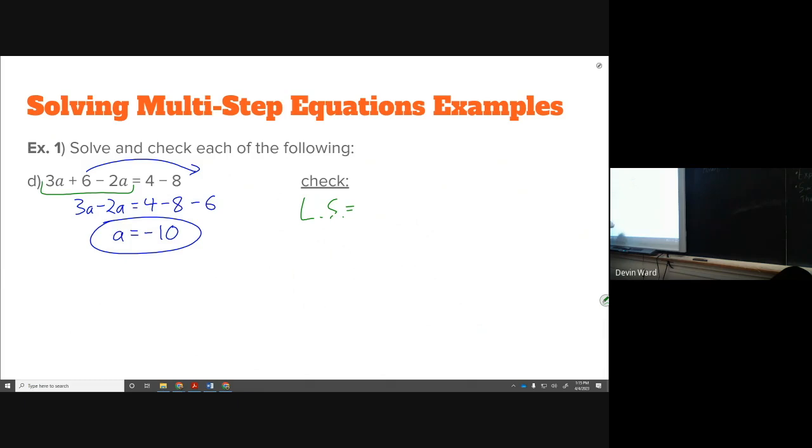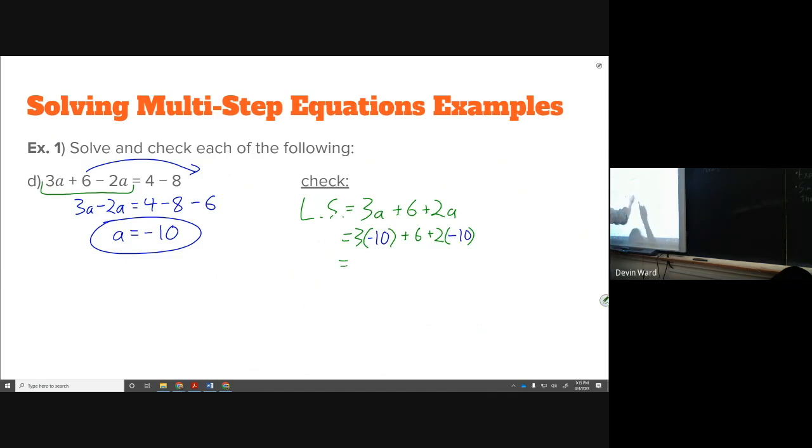So, left side for our check. 3a plus 6 plus 2a. That's going to be equal to 3 times a plus 6 plus 2 times a. And I'll fill in, it said a is negative 10. Let's fill in negative 10 here.